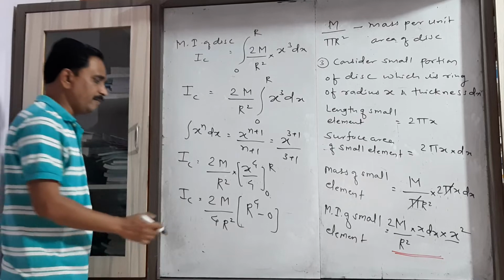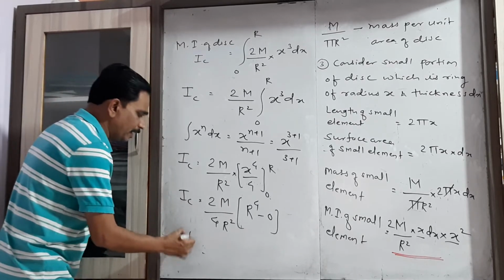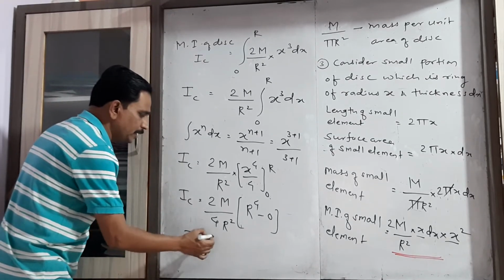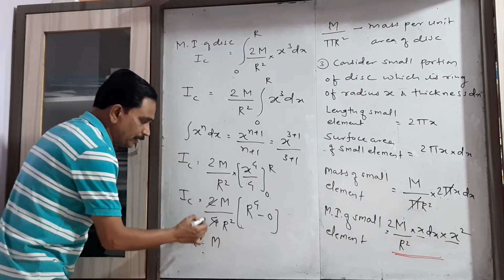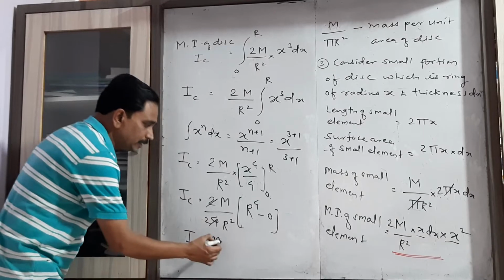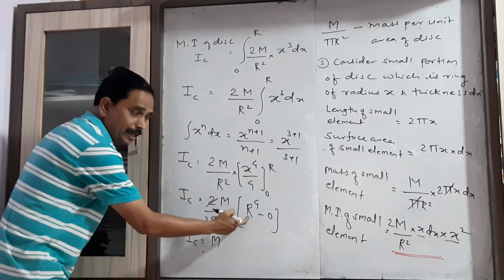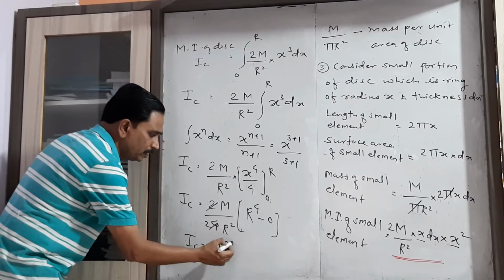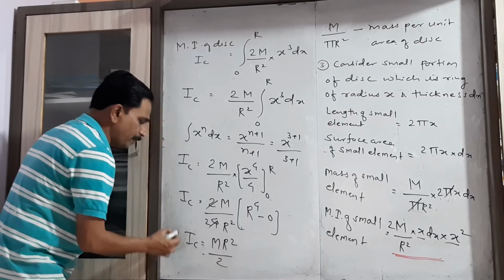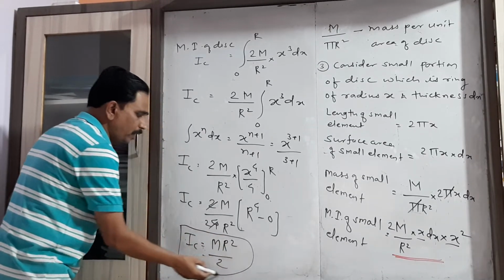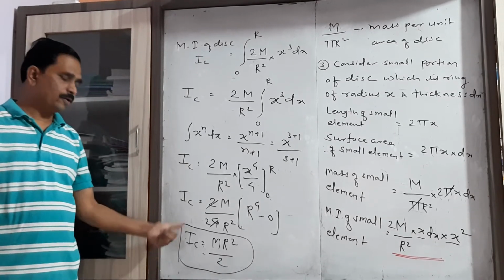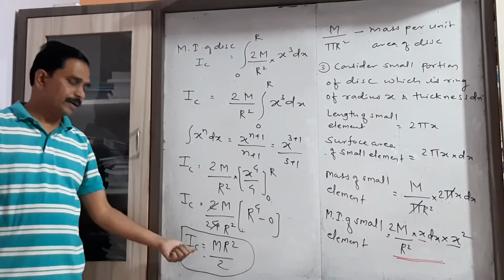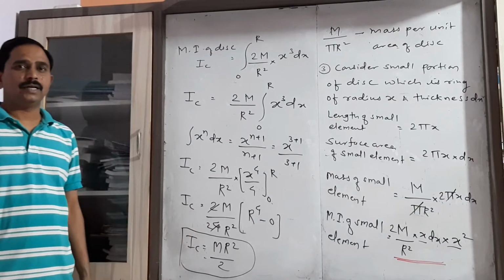Now if I simplify it, the m gets cancelled with the 4, and this r square gets cancelled with r to the power 4. That's why the final answer is simply Ic equal to mr square by 2. That is the moment of inertia of a disk about an axis passing through the center.